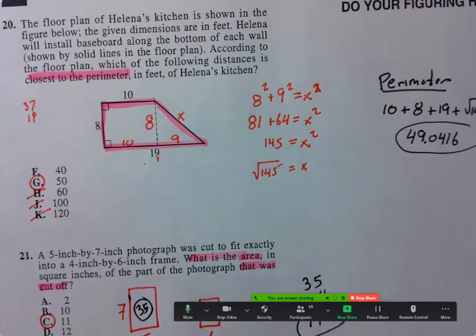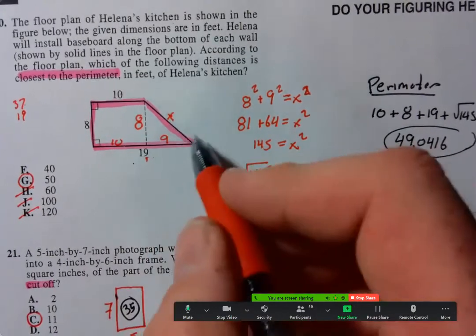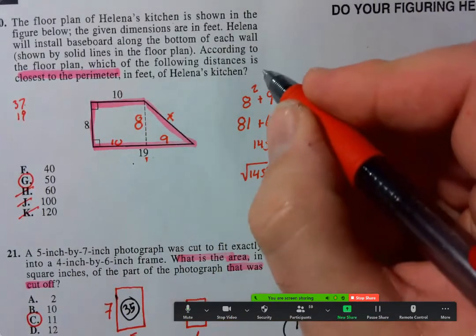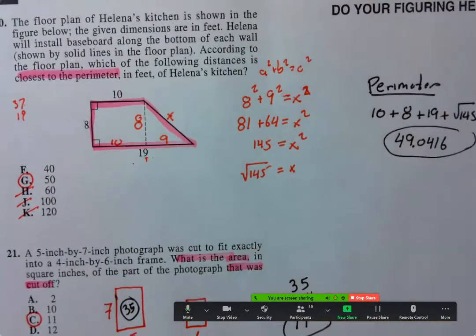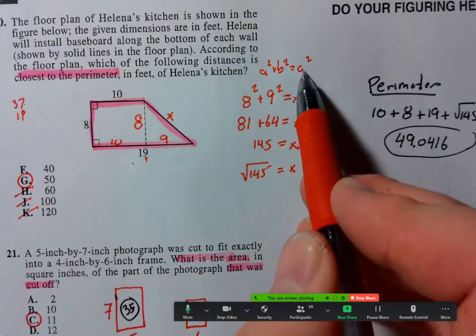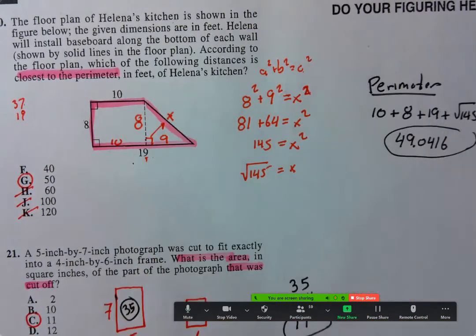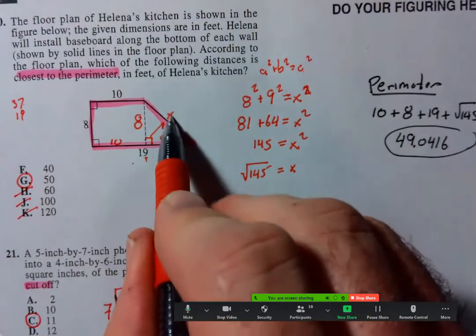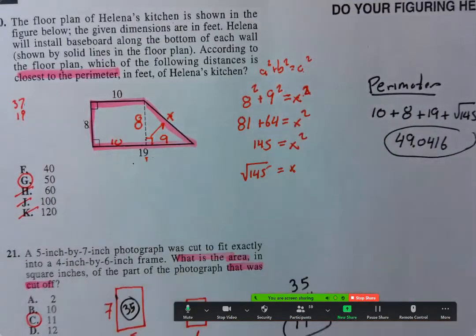What I did do was, to figure out this missing side, I did something called the Pythagorean theorem, right? A squared plus B squared equals C squared. And we're going to talk about this in a day or two. But all you have to remember is C squared, the C, that's the part that's opposite the right angle. So X, I call that X, that has to be the C. Now 8 and 9, they could be A or B, it doesn't matter.